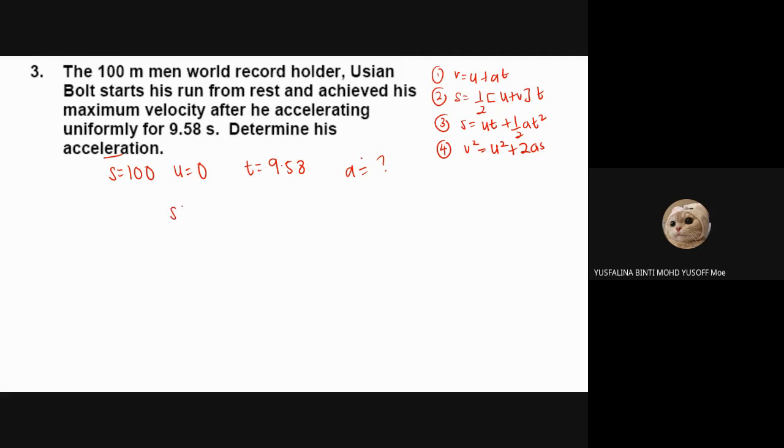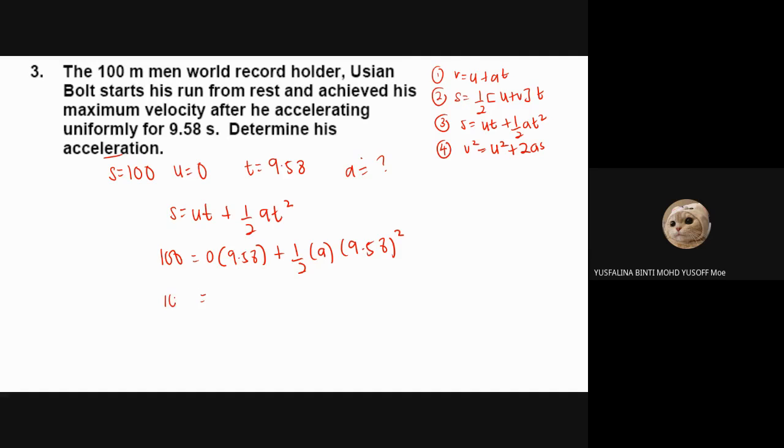So S is UT plus half A T squared. So 100. U is 0. T is 9.58, plus half, A is what you need to find, T squared is 9.58 squared.